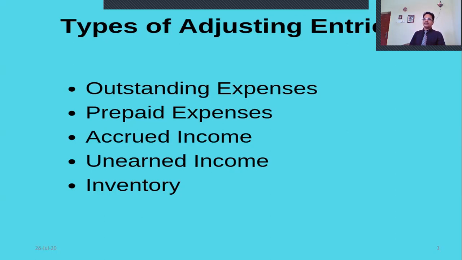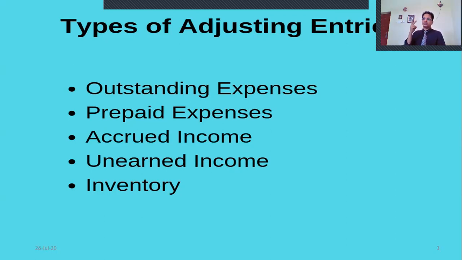Unearned income is to be considered as a liability, mas'uliyah, because you receive the cash, but it doesn't belong to this month or this year, to the period. So cash debit and unearned revenue credit.